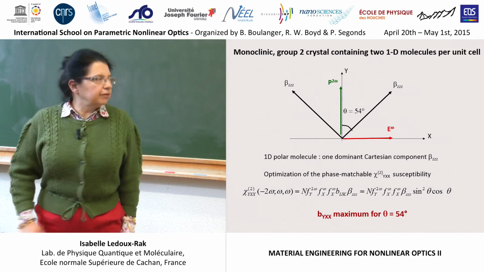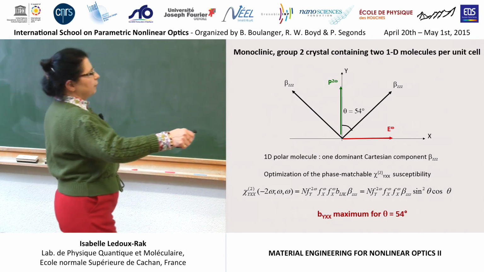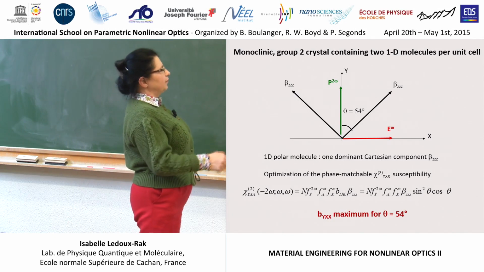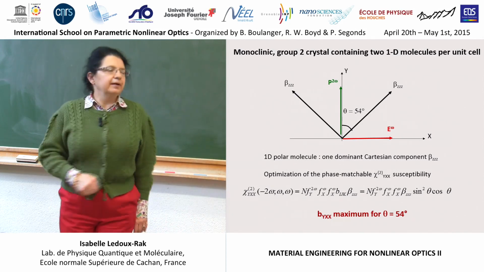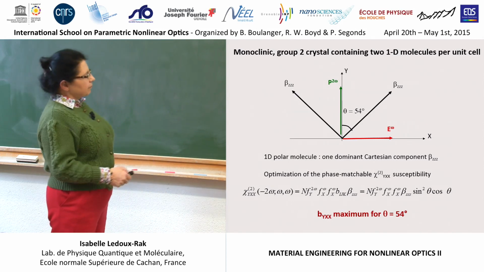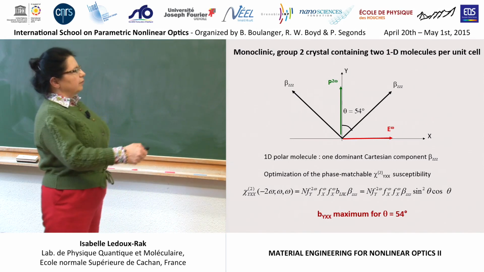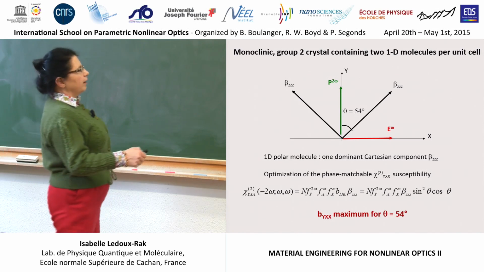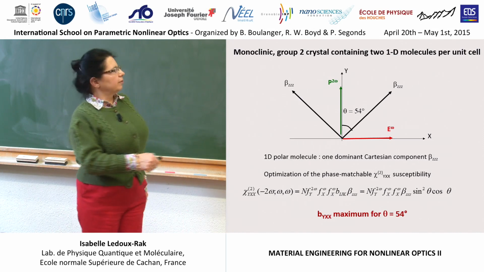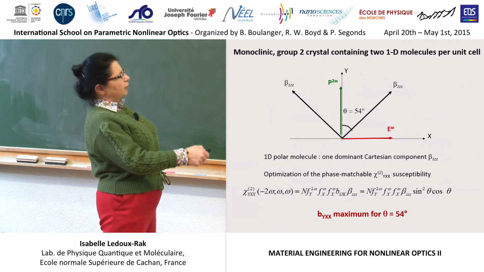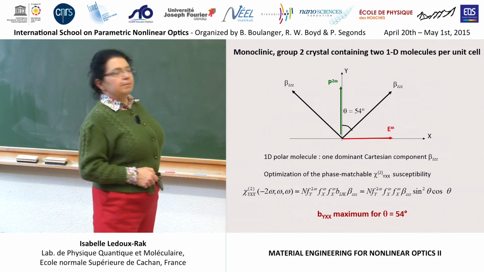We will focus on a monoclinic group 2 crystal, with a two-fold symmetry axis, a vertical one, which is considered as the capital Y macroscopic axis. We consider a structure where this crystal contains two molecules related to each other by this two-fold symmetry.